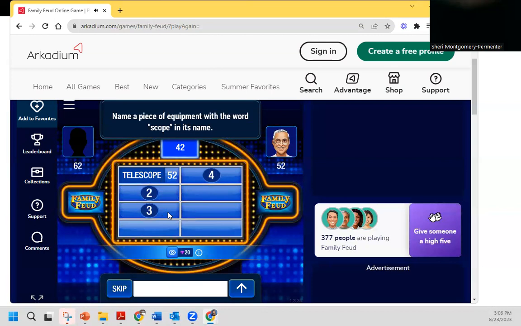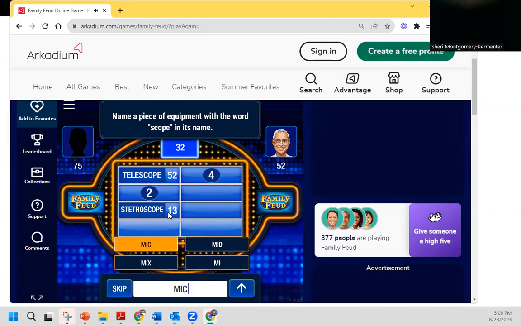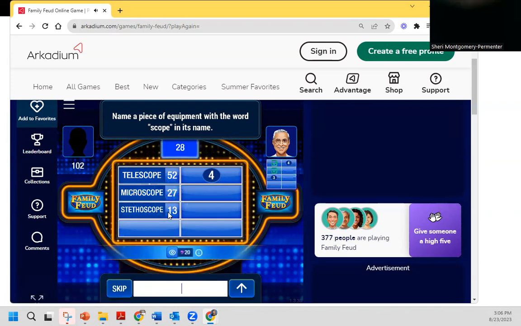Oh, I thought that's what it is. You think that's how you spell it? I know that there's one that goes in your ear. I'm pretty sure that's an otoscope, but I don't know how to spell it. Scope.